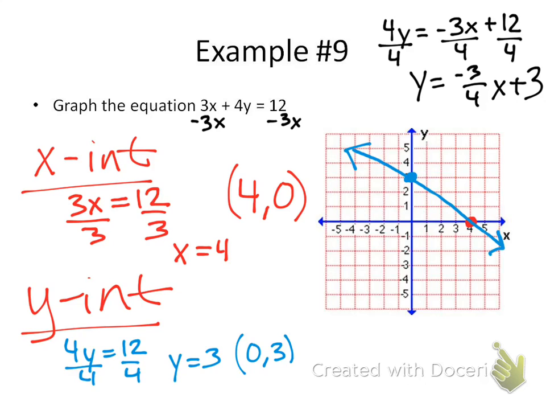Once you're in that form, we know we're going to start at 3 on the y-axis. Here we are. We'd go down 3, right 4. We get the exact same graph. It's really just up to you. Students a lot of times prefer getting y by itself just so you can do them all the same way. But the intercepts work here too as well.